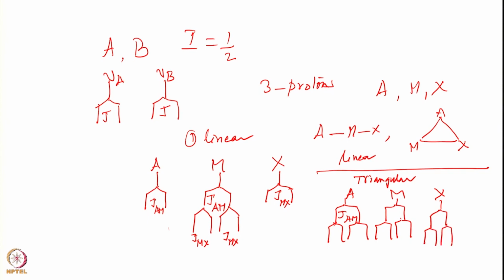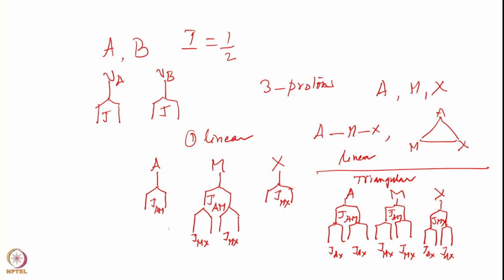This is JAX, this is also JAX and this one is JAM, JMX, JMX, and here you have, let us say, JMX here and this will be JAX and JAX. So all of them are doublets of doublets. Depending upon the nature of the coupling you will have different patterns, and this is easy to understand on the same principles as I showed you in the previous case.